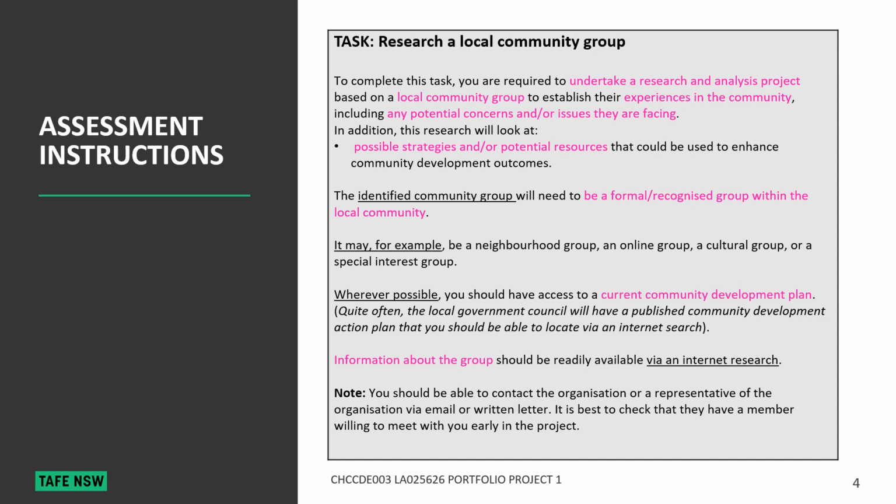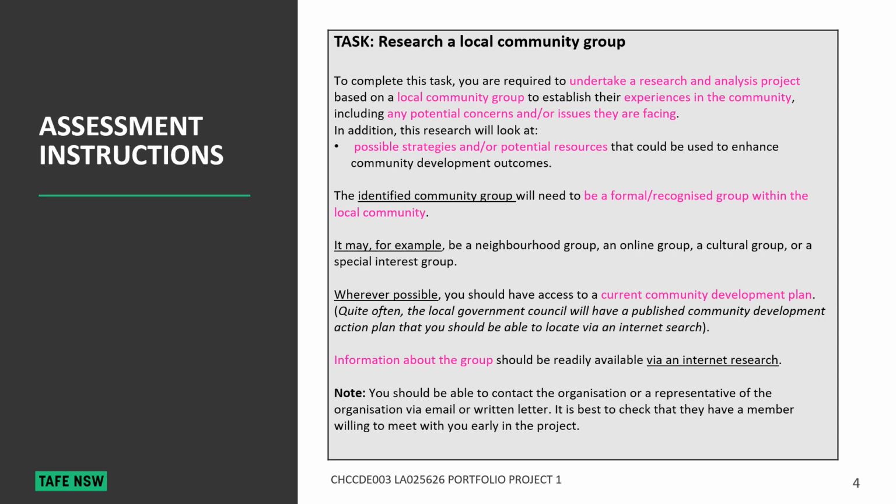Where possible, you should have access to a community development plan. Quite often the local council will have a published community development action plan that you should be able to locate via an internet search, and you will be able to find this kind of information, which is going to be valuable in completing this assignment. Information about the group should be readily available via an internet research.